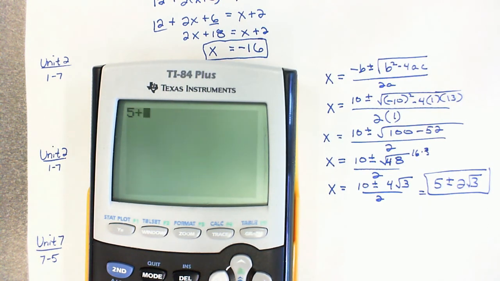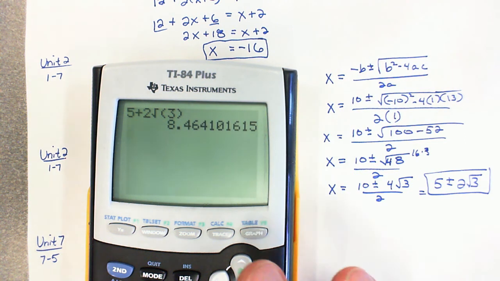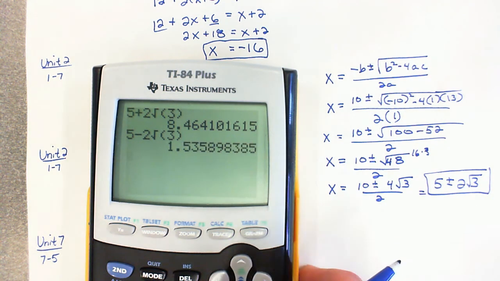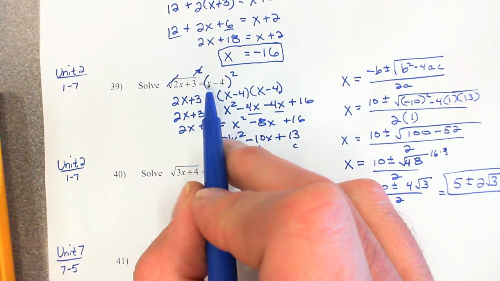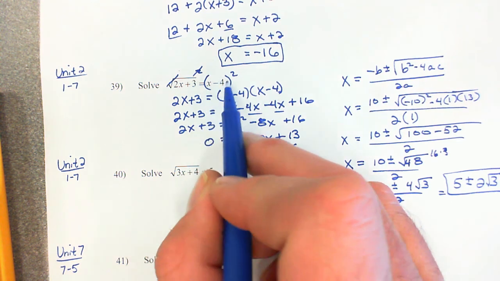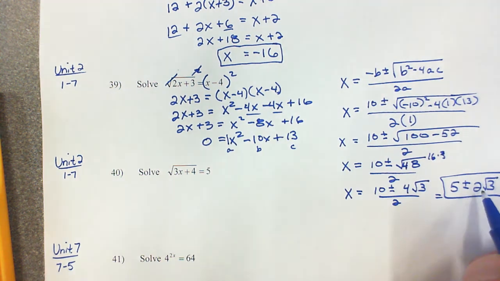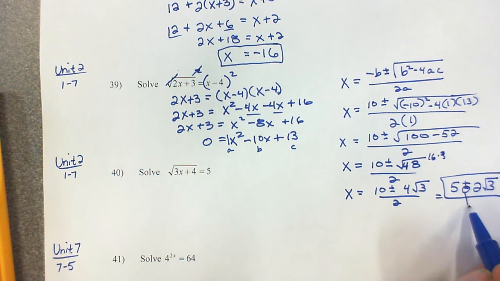So this is 5 plus 2 square root of 3. Let's see what that comes out to. That's 8.4, so that one's okay. But then if I change this to a minus, what happens? I get 1.5. So if this is 1.5 minus 4, that's going to be a negative number. Square root can't equal a negative, so the negative is extraneous.